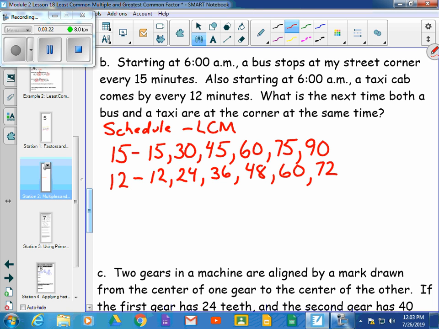Now see if you can find any that are common. I see the 60 as being common. It is also the smallest common one, since that's the only common one. Remember, if you don't have any common multiples, make your list longer until you do find a common multiple.